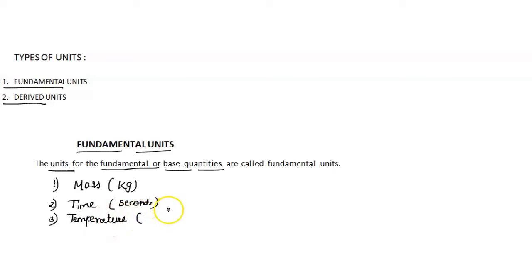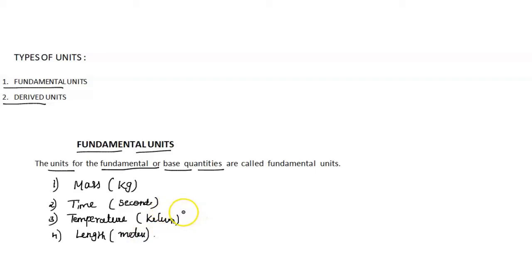There are different units for temperature that we will study in our future classes, but the SI unit for temperature is Kelvin. And the fourth one is length. We measure length by the unit meter. So these are the fundamental units, that is, the units for fundamental or base quantities.